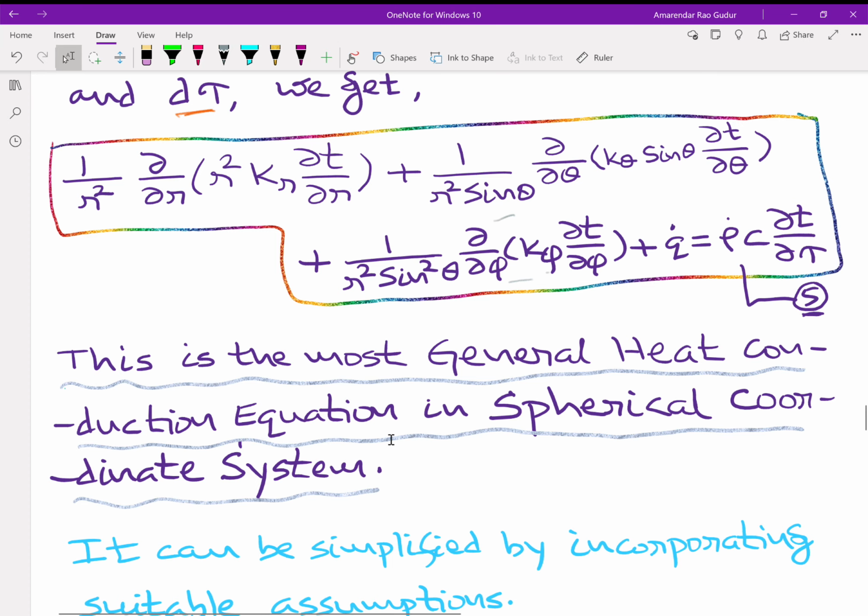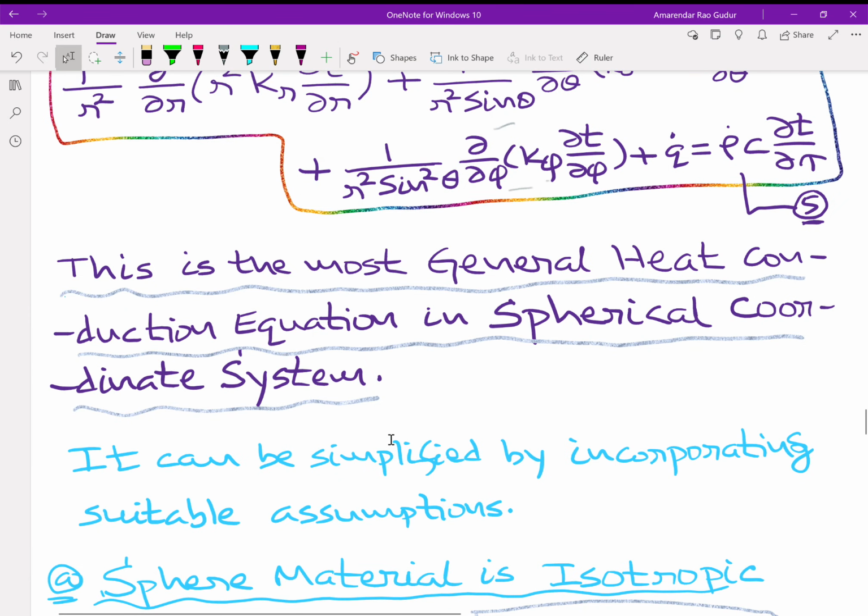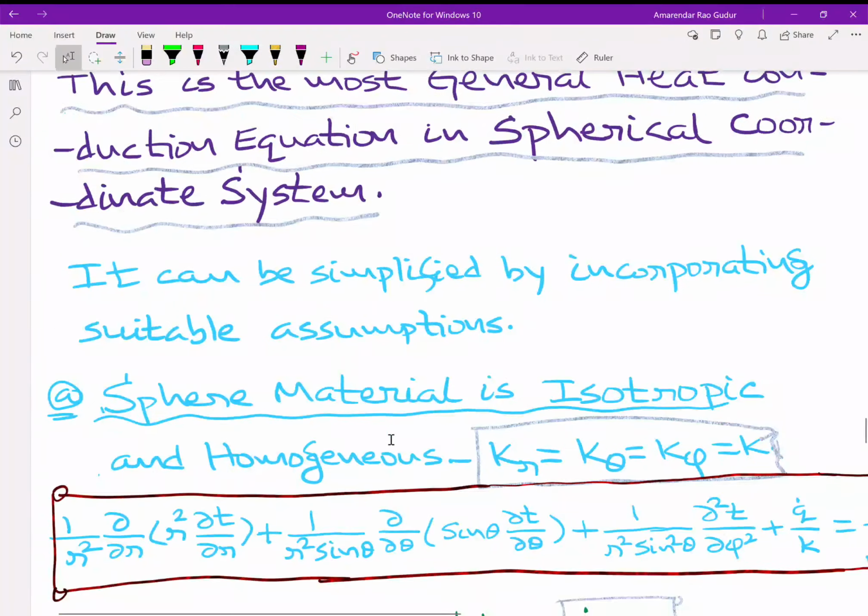This equation can be simplified by introducing suitable assumptions.